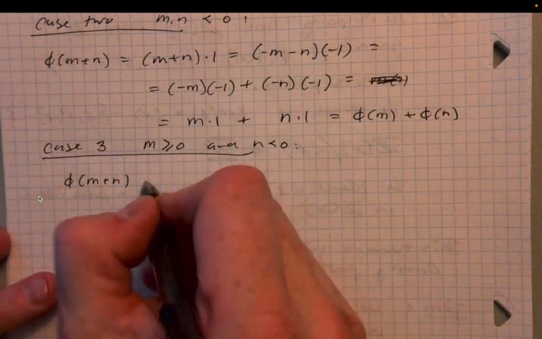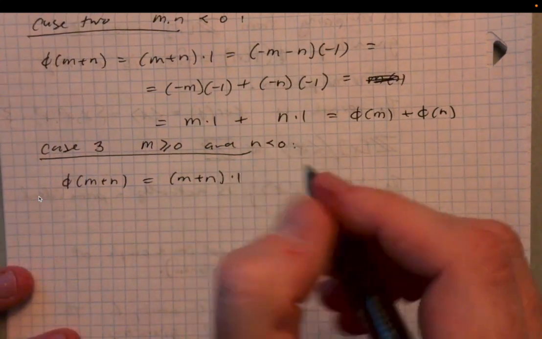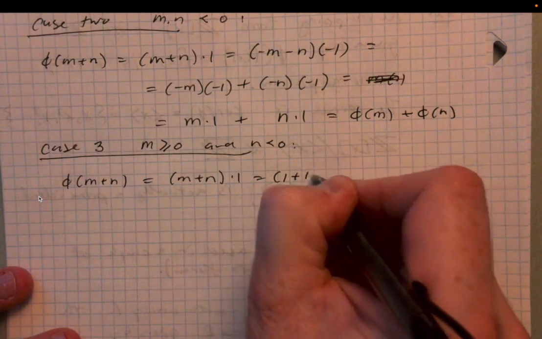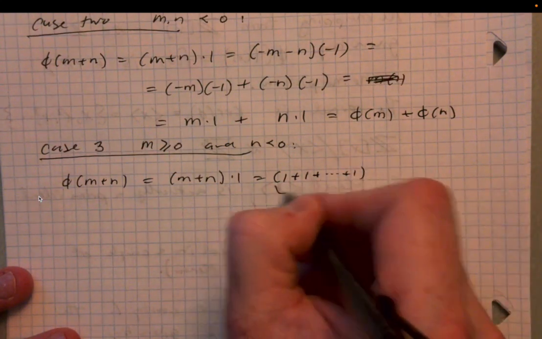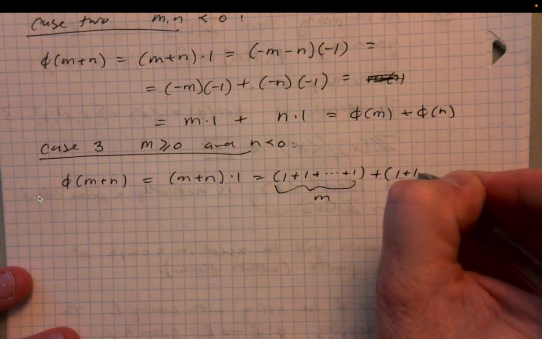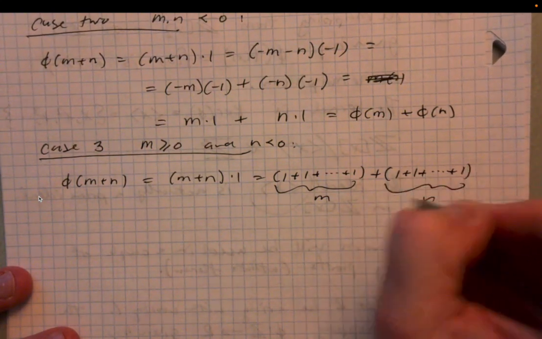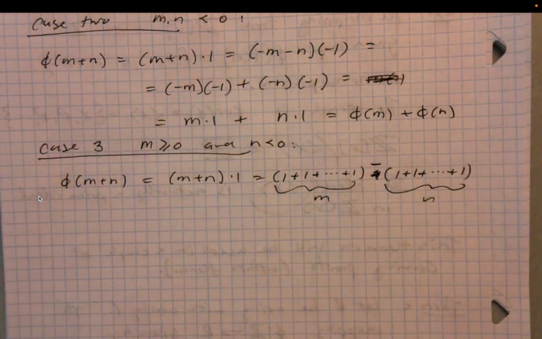Phi of m plus n is just (m plus n) times 1, which is equal to 1 plus 1 plus dot dot dot plus 1, m of those, minus 1 minus 1 minus dot dot dot minus 1, n of those. Actually, this is a minus. Let's make that subtracting, so we have to pull the negative out.